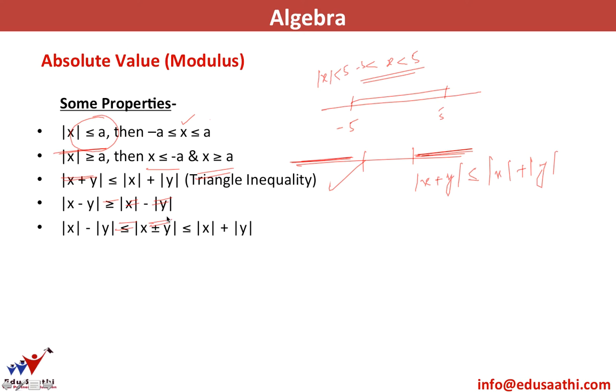If I try to combine all of these, mod of x minus mod of y is less than or equal to mod of x plus or minus y, which is in fact less than or equal to mod of x plus mod of y. So mod of x plus mod of y will be the highest value, then the value will be mod of x plus y or x minus y, followed by the least value of mod of x minus mod of y.